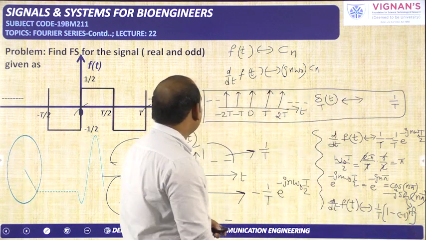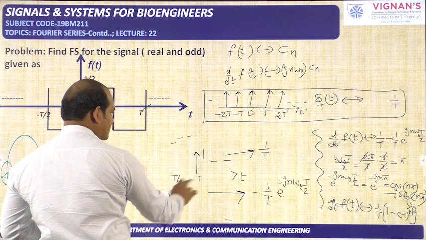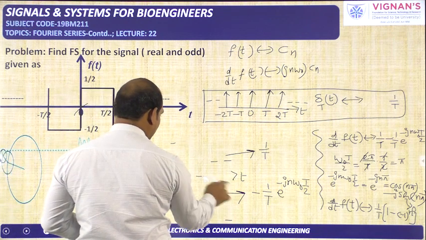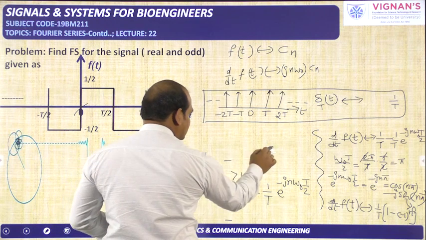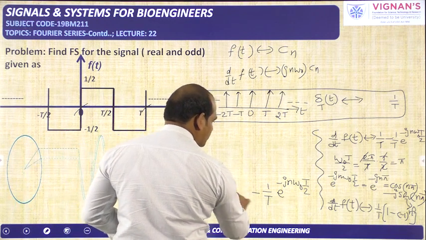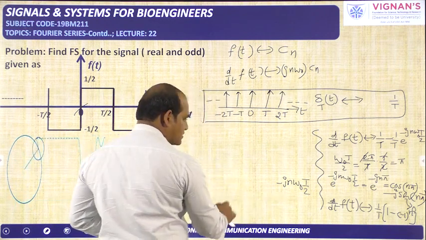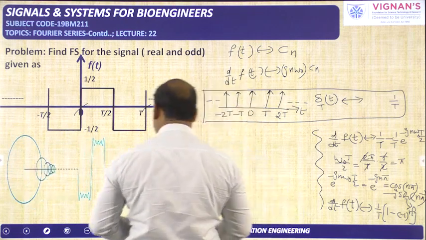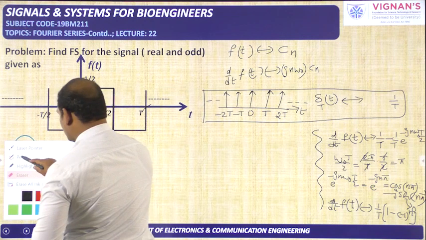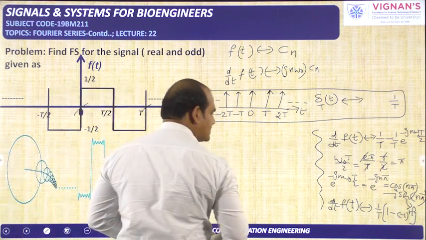If you understand the property, it will be very easy. You need to know that the Fourier series coefficient for the impulse train is 1 by t. If it is shifted, you need to take the exponential terms. If you can understand that, the problem is simple.